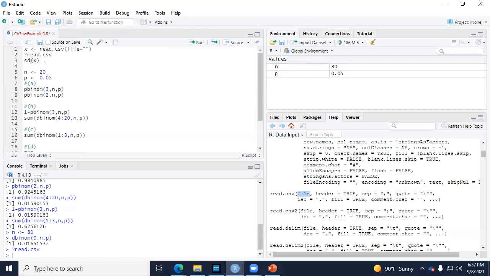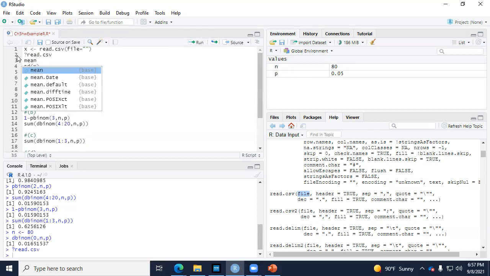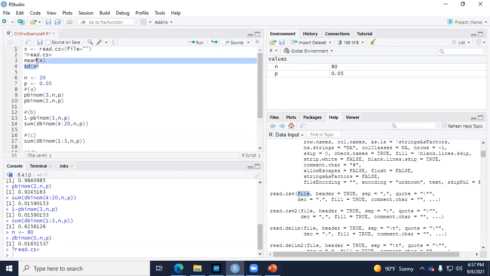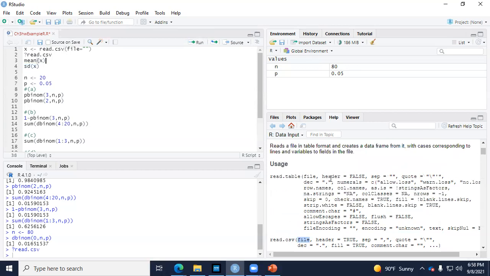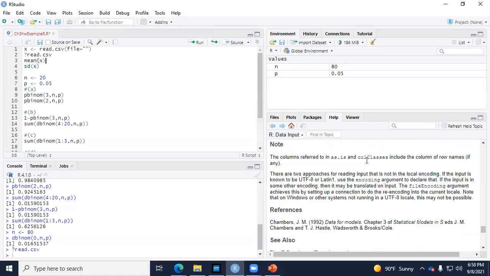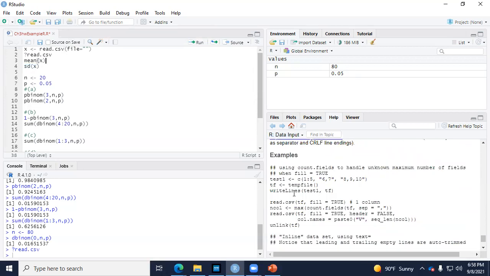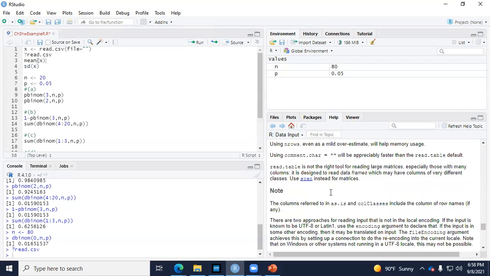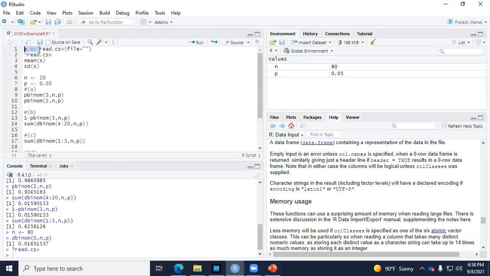And when you want the mean, you just do mean of x and standard deviation of x. For example, I think there will be some example here: read.csv, this is your file. So I believe you can do this.